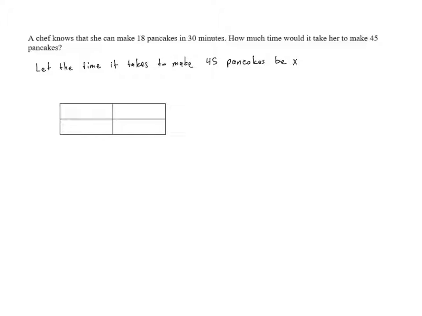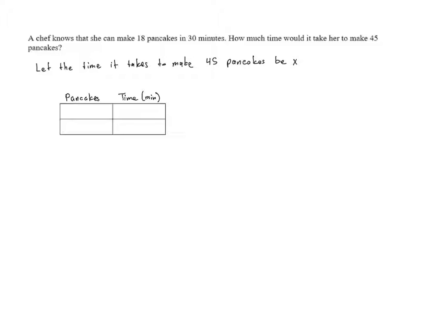Now, the two types of quantities we have in this problem are pancakes and time measured in minutes. The two scenarios we have: the first scenario, the chef knows she can make 18 pancakes in 30 minutes.